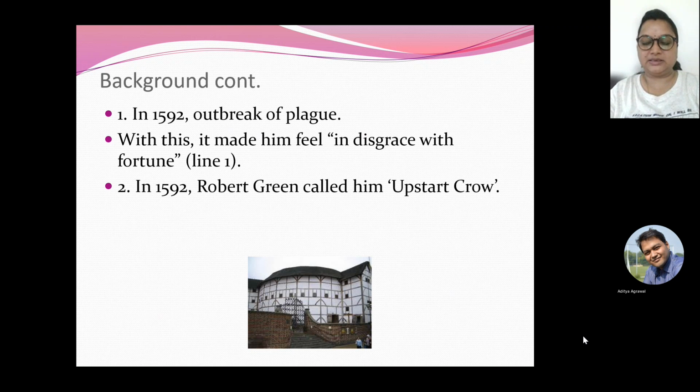And crow is someone who is famous for stealing from others. So he actually cursed Shakespeare with the words upstart crow, and he accused him of plagiarism. So these are the two probable reasons behind writing this sonnet.